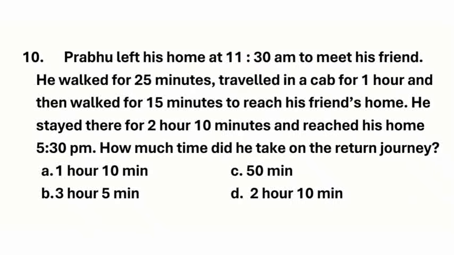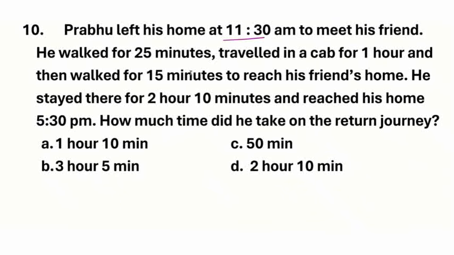So here you're going to add all the time so that you can finally calculate the time he took on the return journey. Okay, so firstly, observe. He left his home at 11:30 a.m., so it starts from 11:30 and he walked for 25 minutes.